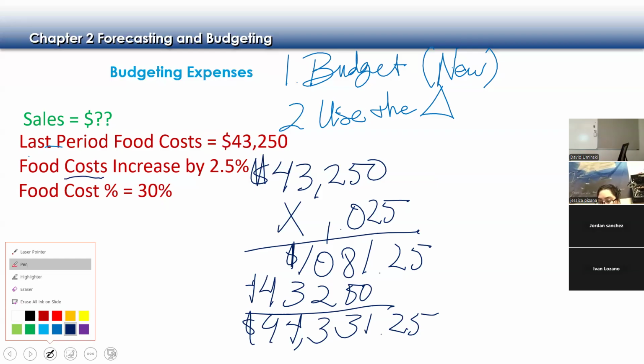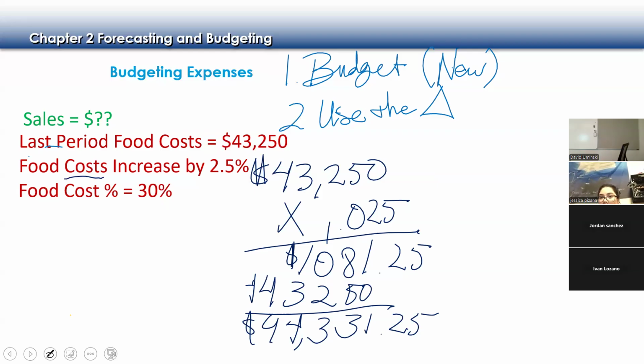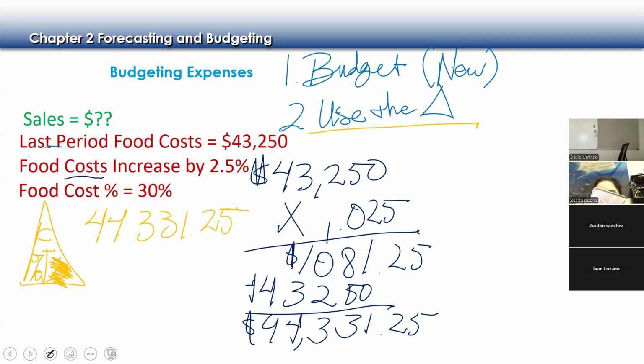Now, let's do orange. Second step is to use the triangle. So if my triangle says cost, percent, sales, what am I looking for? Sales. Good, I'm looking for sales, so I cover that up. And so I have my cost of $44,331.25. And I divide that by my 30% food cost.